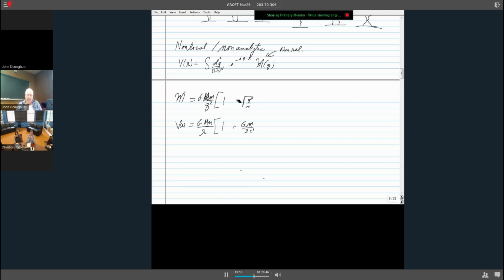I know that I get G M over R correction. That's dimensionless already. There's actually a c squared in there. That follows from the Fourier transform of something that looks like the square root of q squared.